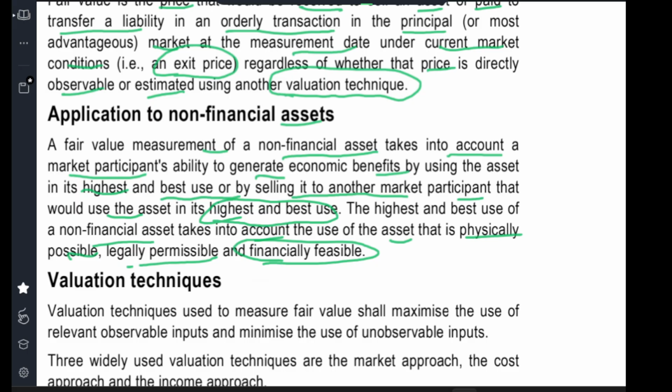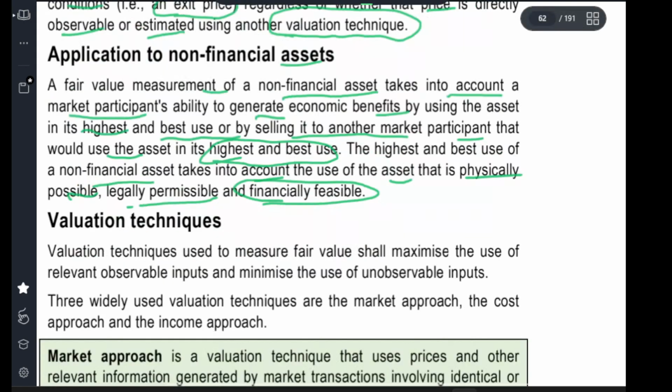And this price we are quoting, is it possible for the buyer to buy or sell it to close the liability? Such things should also be seen when applicable to the non-financial asset. For a non-financial asset to be sold, it should be economically feasible. We can't sell something without any use.